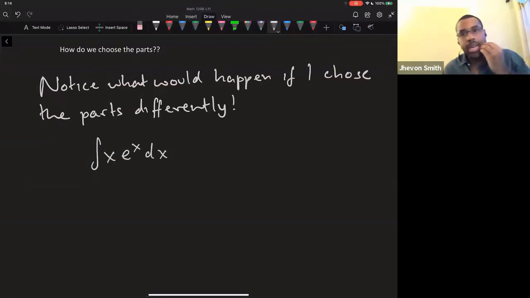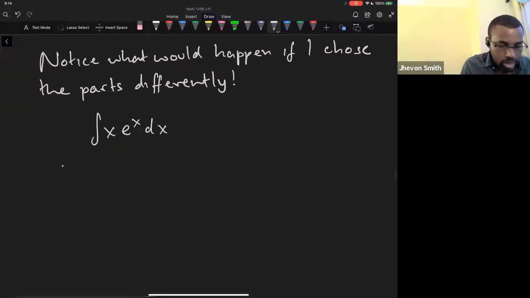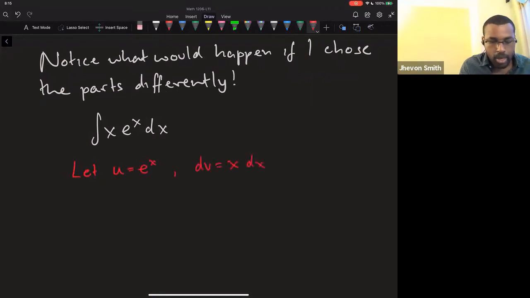I realize, okay, nothing that we've done before can work on this guy, so it has to be an integration by parts. Let's do it. And you go, I should put this in red because it would be a bad choice, and I want to show you why it's going to be a bad choice. Let u equals e to the x instead, and let my dv equals x dx. Now, this would mean that if I differentiate it to get the du, that's going to be e to the x dx. Whereas this time, if I integrate to get the v, that's going to give me x squared over 2.